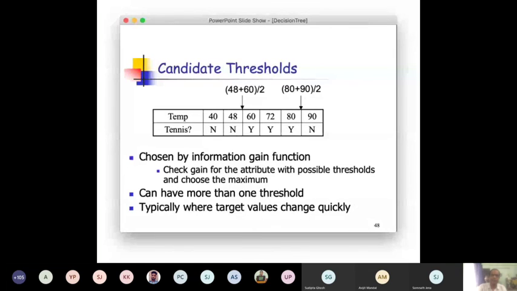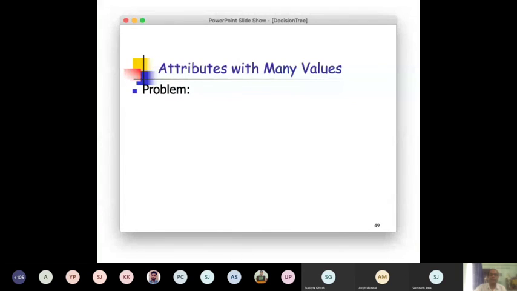Typically, you add thresholds where target values change quickly, meaning there is a transition. The second problem is attributes with many values.